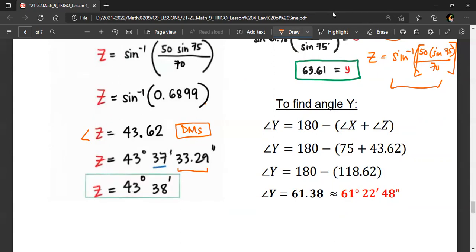Since this is seconds, there are 60 seconds in 1 minute. Therefore, half of 60 seconds is 30 seconds. So since our answer exceeded 30 seconds, we will add 1 minute to the next place value of the degrees.